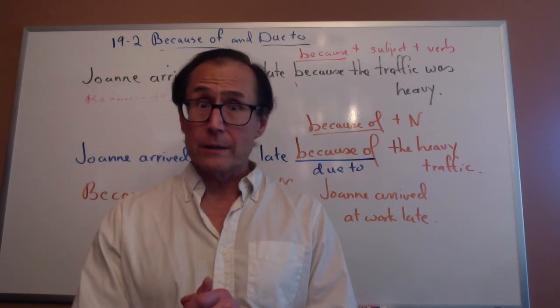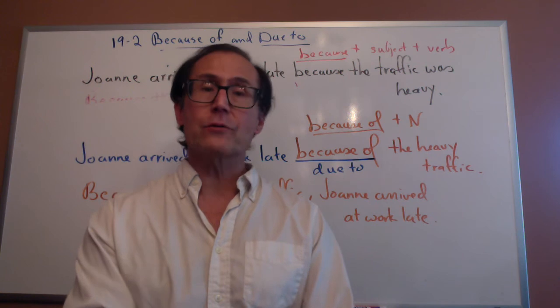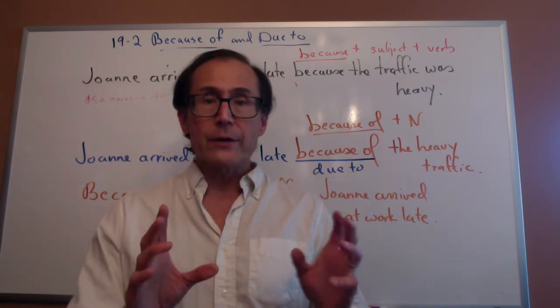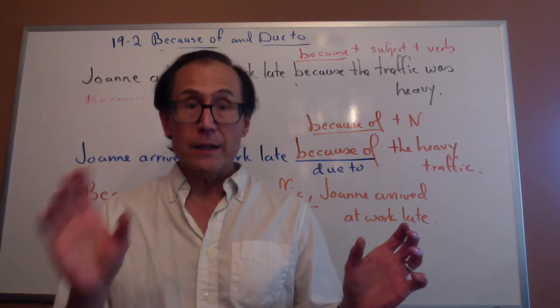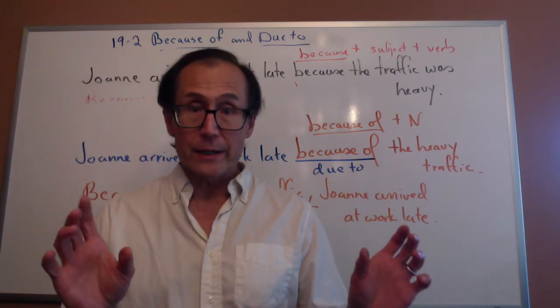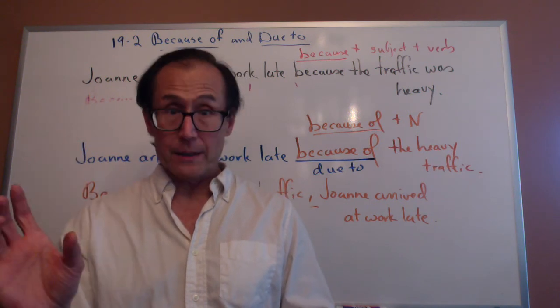If you get a very old-fashioned grammar teacher, and I mean a very old-fashioned grammar teacher, that teacher will tell you that due to and because of are not used the same way. Due to can only come after the verb be.